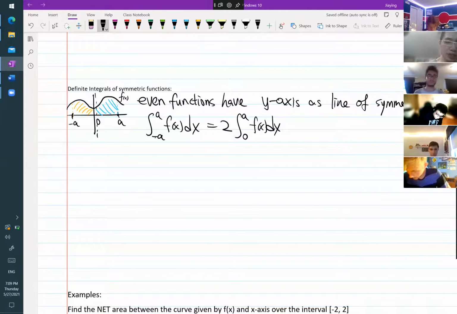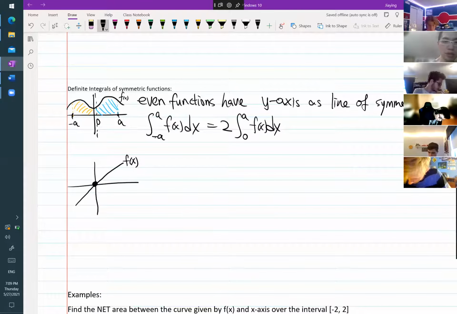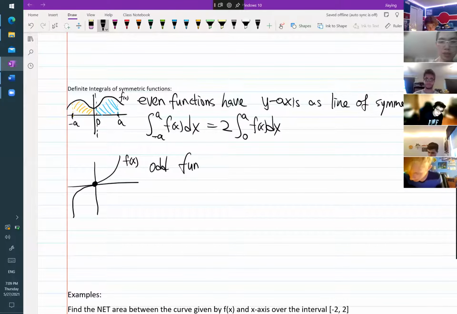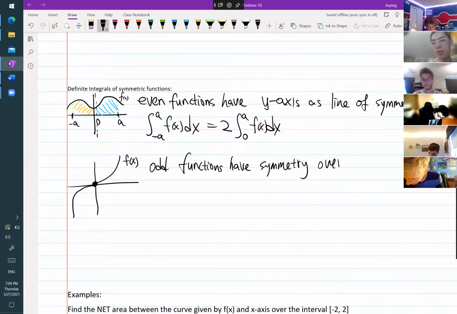And the next one is odd functions. Odd functions have a symmetry about the origin. So you can draw something like this. Odd functions have symmetry over the origin.